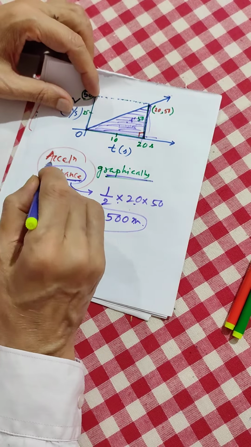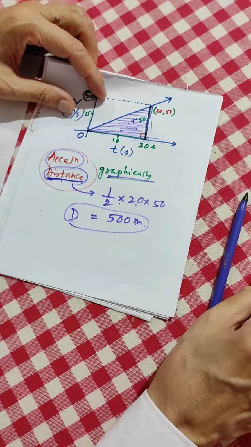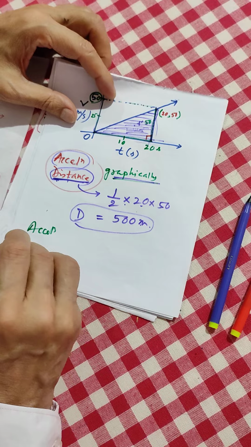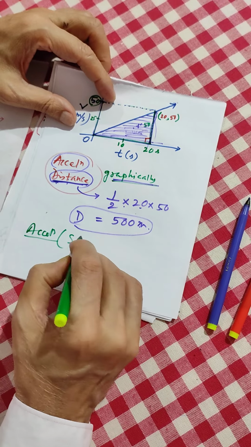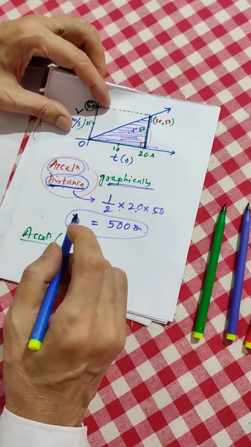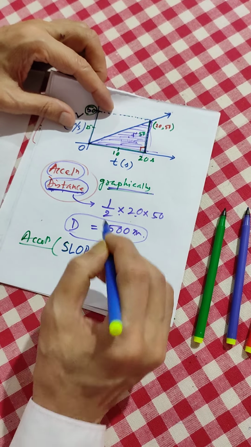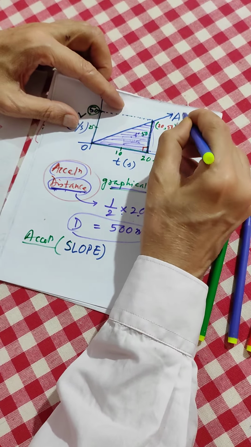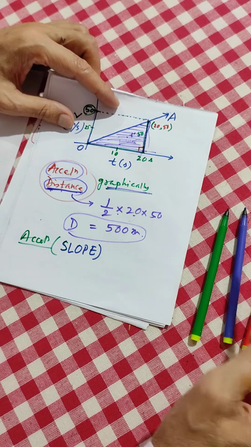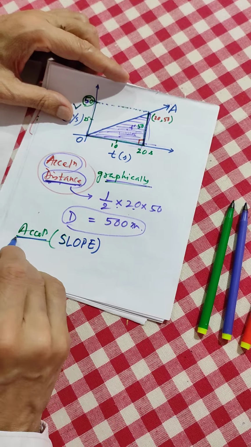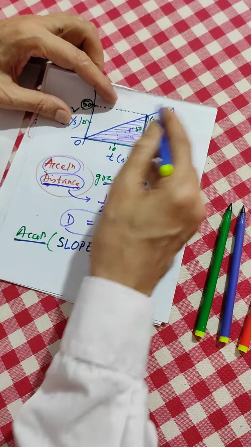Now coming to acceleration, how do we find it? Acceleration is given by the slope, remember this term, S-L-O-P-E. The slope of this graph, suppose we call it OA, represents the acceleration of the moving body.